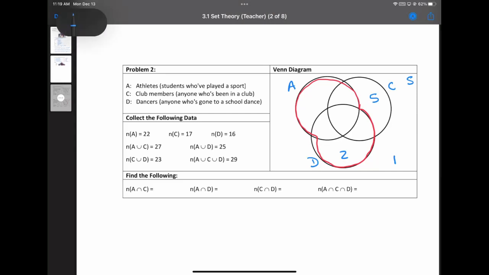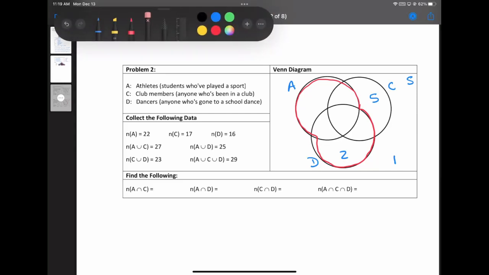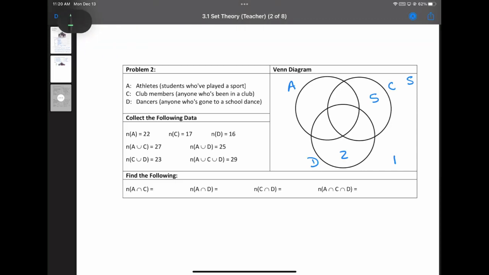And then in much the same way, just to change up my color a little bit, let's go with green. This bubble here, which is C and D, has 23 people in it. Those 23 people leave 7 on the outside.